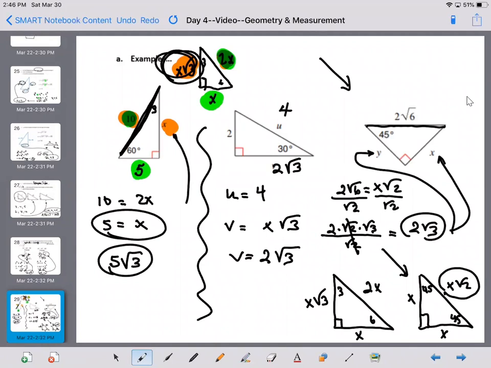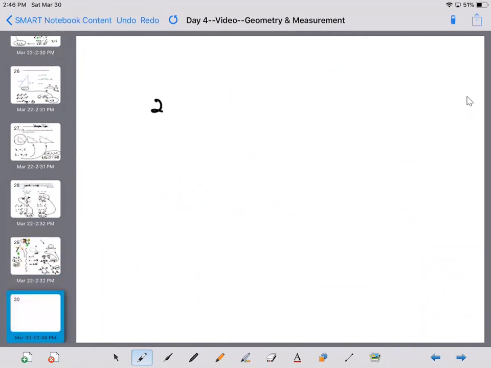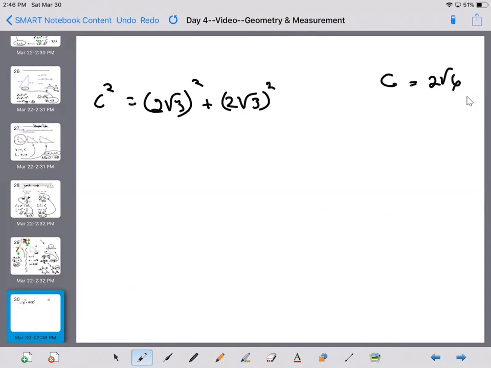And this long side should be 2 square roots of 6. Just to check that, you've got 2 square roots of 3 and 2 square roots of 3, both being squared, and that's going to equal c squared, which we know is going to be 2 square roots of 6. But just to check it, 2 square roots of 3 squared would be 4 times 9 plus 4 times 9.